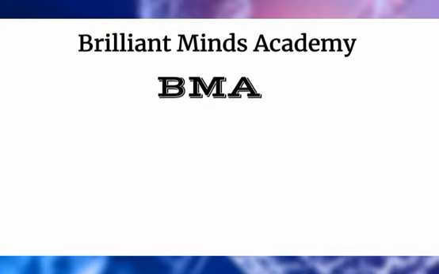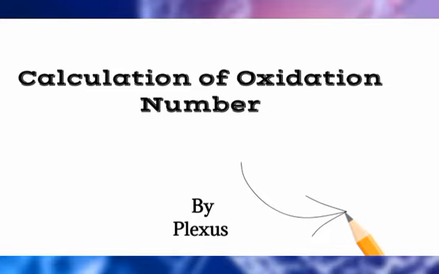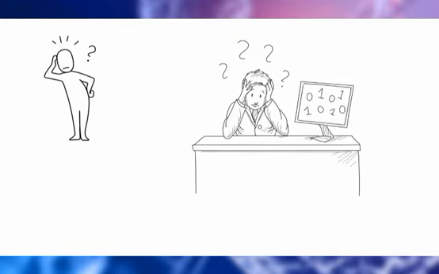Today we'll be considering calculations of oxidation number. Oxidation number has been a problem to some students because they do not understand how compounds are named in chemistry.